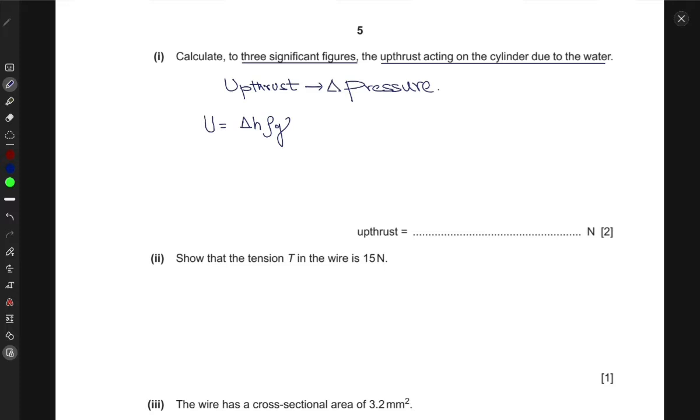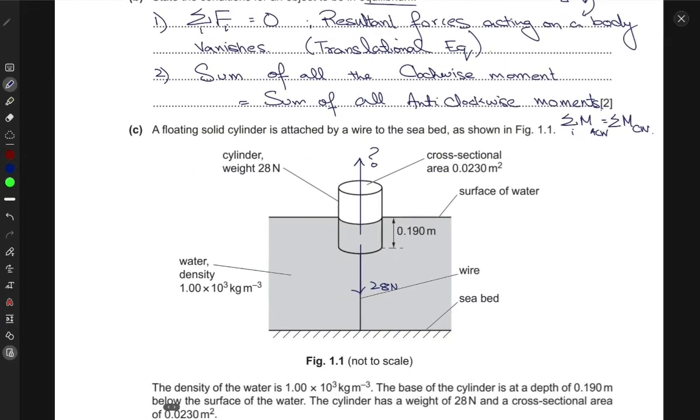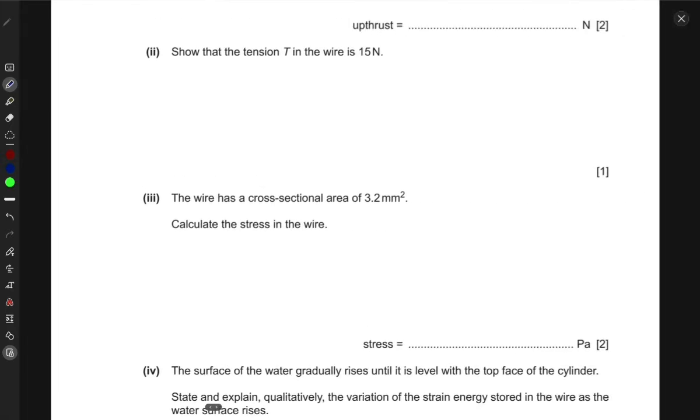It's on Earth's surface, so the acceleration due to gravity would be 9.81, and this is basically the pressure, and you multiply this by area to get force, because if you remember, pressure is force exerted per unit area. So this upthrust is the force, and now you just put in the values. Remember, the change in height is the height that is dipped in the water, and that's 0.190 meters.